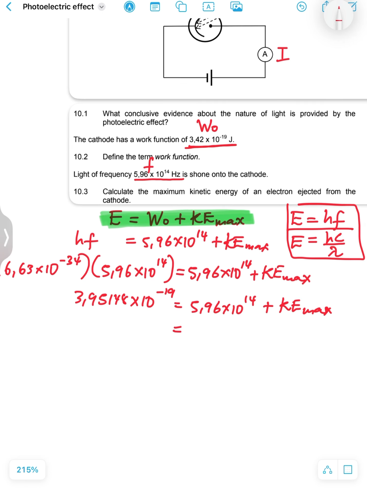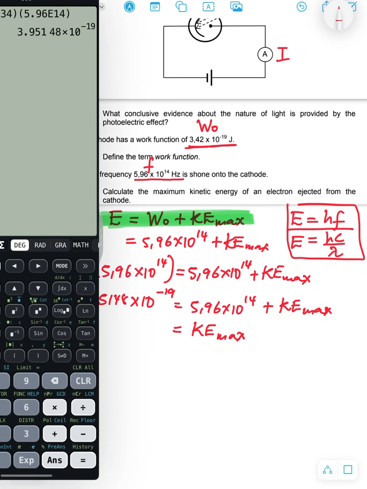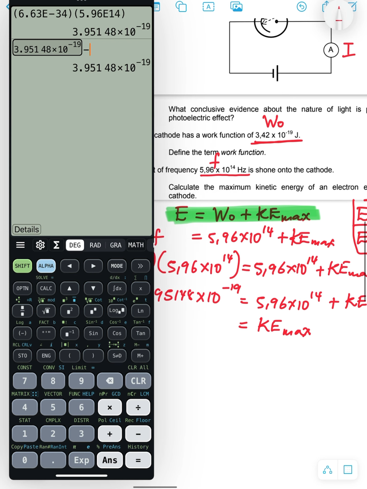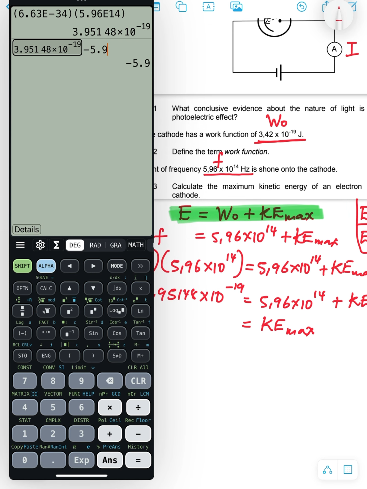So when you do your calculations, you take the work function to the other side. So the maximum kinetic energy will be, you just subtract from the answer. Okay, let me do this.